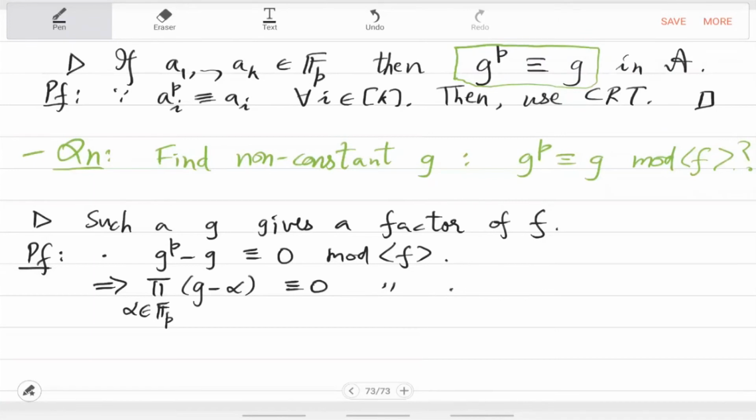If you look at the product g minus 0, g minus 1, dot dot g minus (p minus 1), for all the constants, if you take the differences and multiply, that is g to the p minus g. This follows from the Frobenius identity. So x to the p minus x factorizes into the product of x minus alpha.